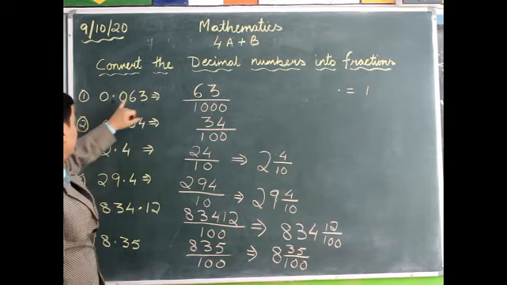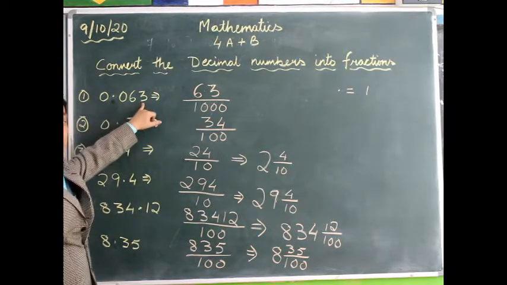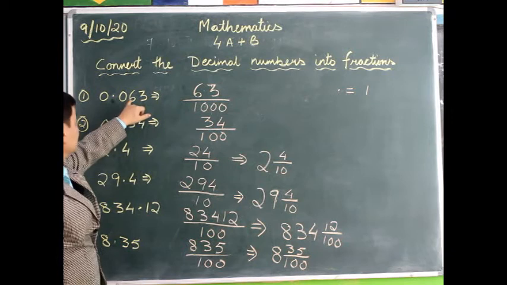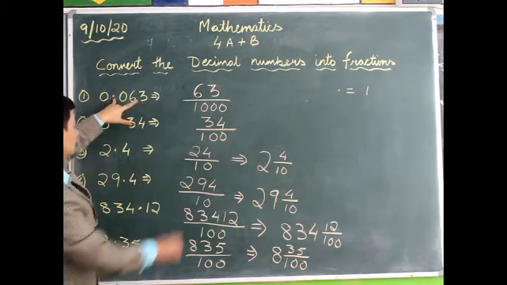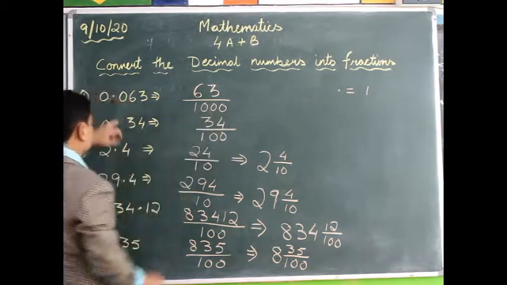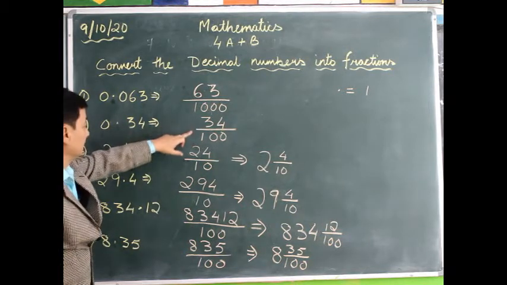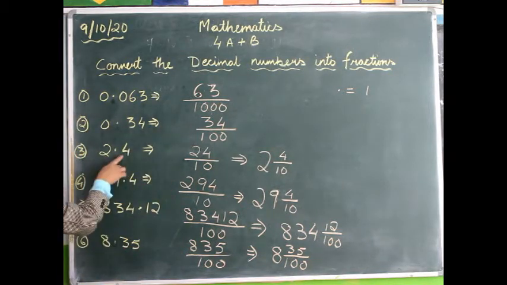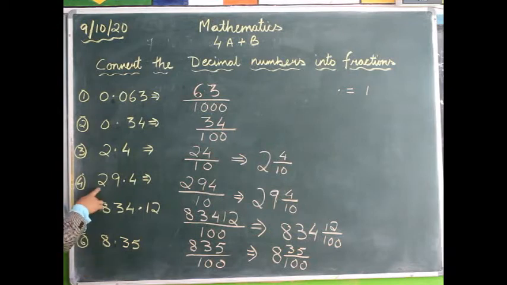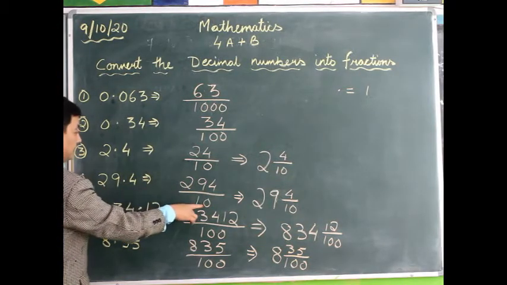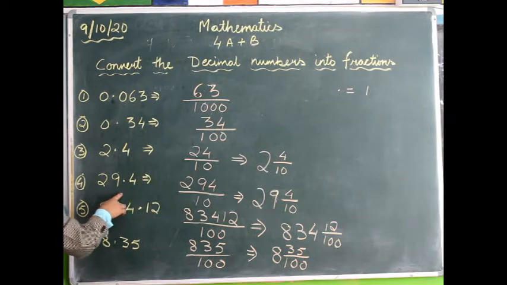Now again, let's revise. 63 upon thousands. 3 ends in the thousandths place value, so we can say 63 thousandths, or this is just the point changes into 1, 0, 0, 0. 34 hundredths. 24 upon 10, 24 tenths. 294 upon 10, or 29 and 4 tenths.